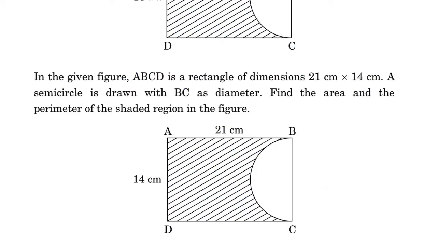30th question. In this question we are given a rectangle ABCD and we have a semicircle with diameter as BC.